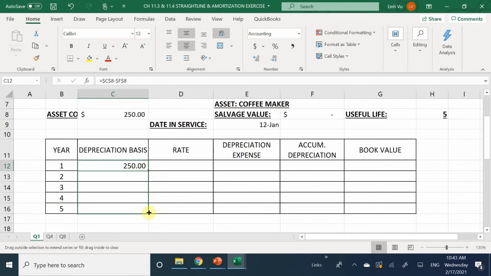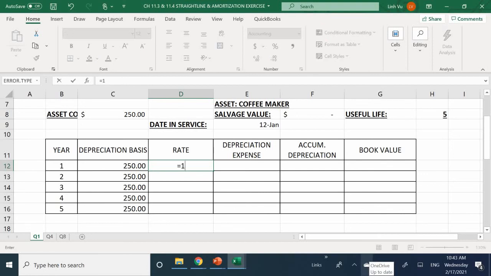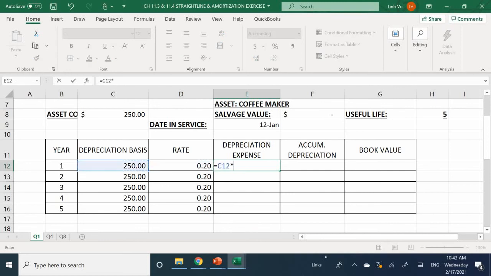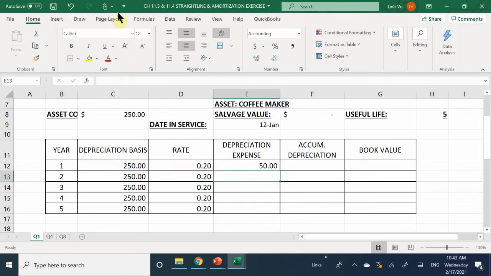It's going to be the same for all 5 years. Okay. So what is going to be my depreciation rate? 20%. Good. And what do we know about this rate? It's going to stay the same throughout all 5 years. So then what is going to be my depreciation expense? It's $50. So therefore, what we also know is this is also going to be the same for all 5 years.